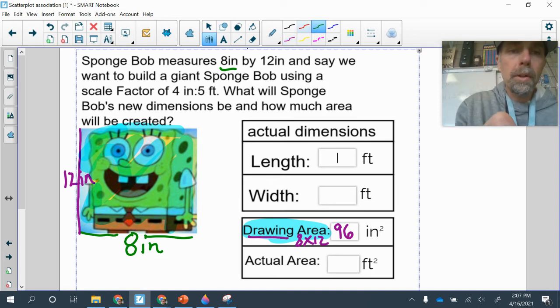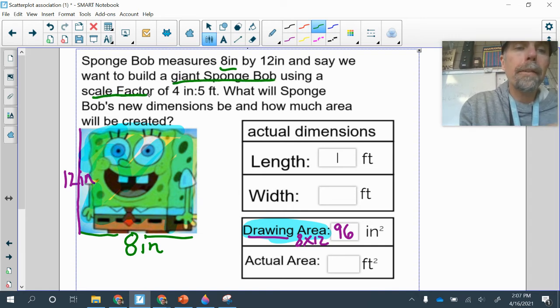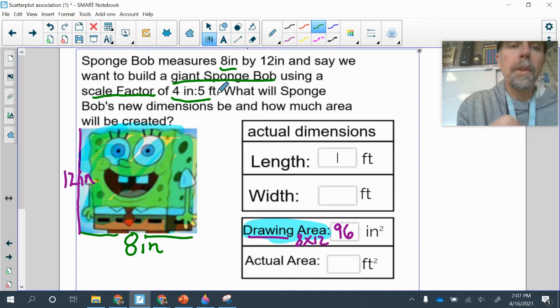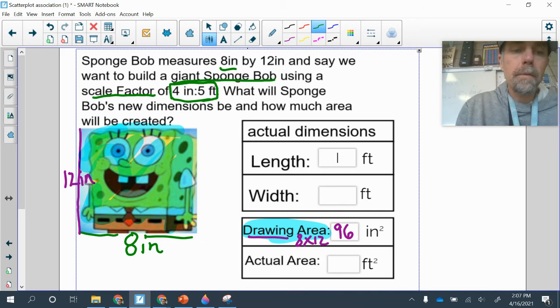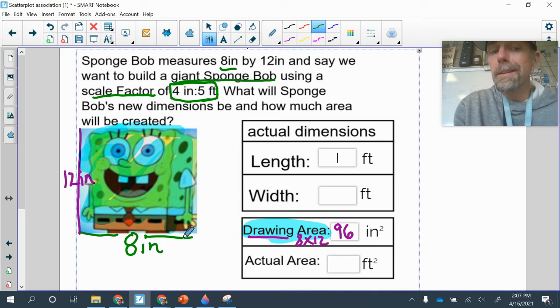Now let's say we want to build a giant SpongeBob using a scale factor of 4 inches representing 5 feet. So every 4 inches is 5 feet, right? So I think 8 inches will be 10 feet. That makes sense, right?